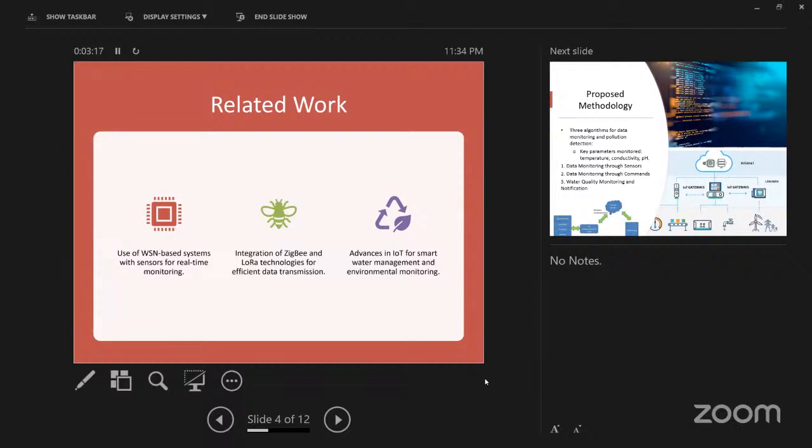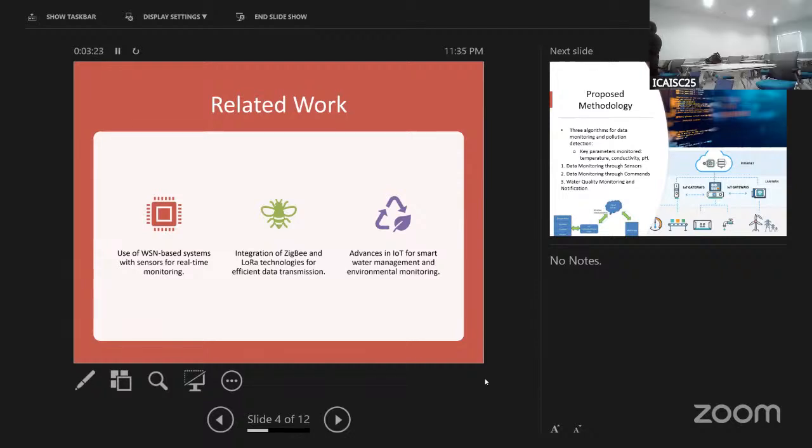These technologies are being embedded within the wireless sensor network-based systems. Nowadays, with the advancements in Internet of Things, we have a lot of other equipment that can help the monitoring and management of the environment as well as the water quality.